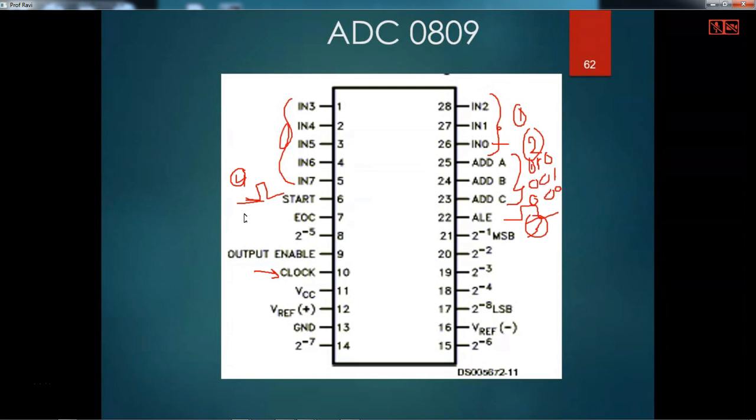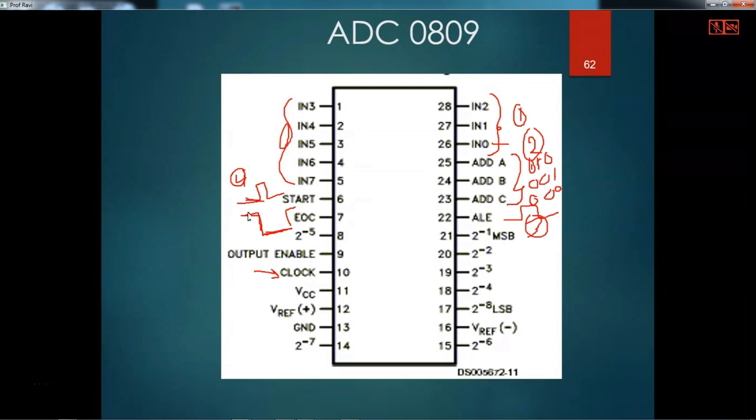Once the analog to digital converter starts the conversion, it indicates this through the end of conversion pin, which goes low. Once the conversion is done, the end of conversion pin becomes high, which means the conversion is finished.